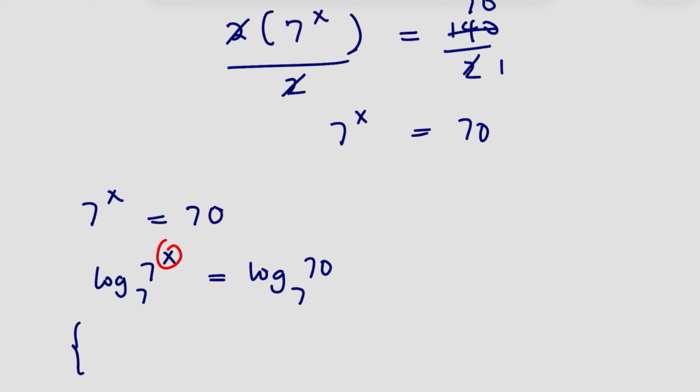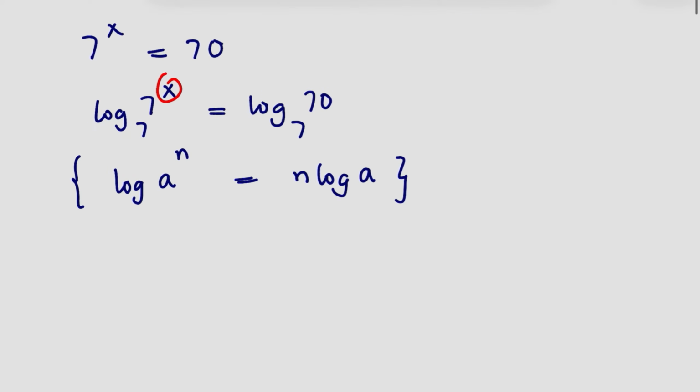The law says when you are given the logarithm of a number raised to whatever power, it simply becomes that power times the log of that number. Therefore, this is simply going to be x log 7 base 7 is equal to log 70 base 7.